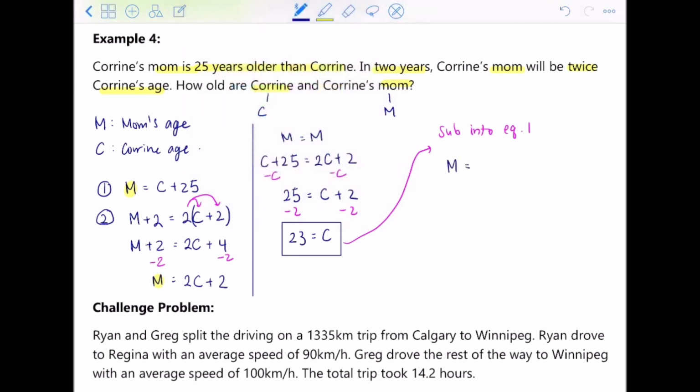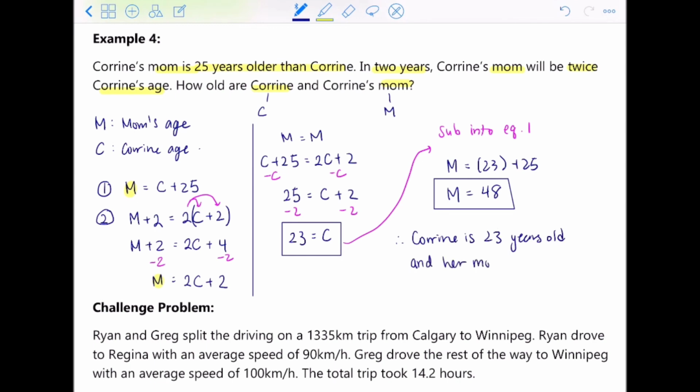So we have M equals 23 plus 25. So M equals 48. Finally, we can state that Corinne is 23 years old and her mom is 48 years old. That's it for example 4.